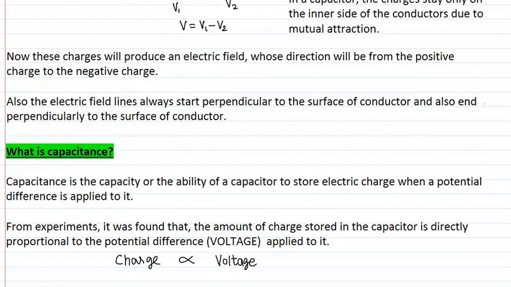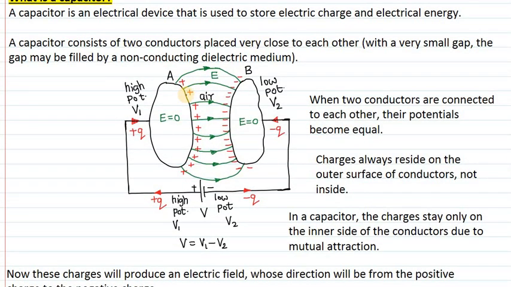Now in the diagram above, how much charge is stored? You see plus Q charge given by the positive terminal. So the charge which is stored on the positive terminal or positive conductor is plus Q, and the charge stored on the negative conductor is minus Q. So in total, we can say the total charge stored on the capacitor is actually 0, Q and minus Q. But when we say charge on the capacitor, we are actually talking about the charge stored on the higher potential conductor or the positive charge stored in the capacitor.